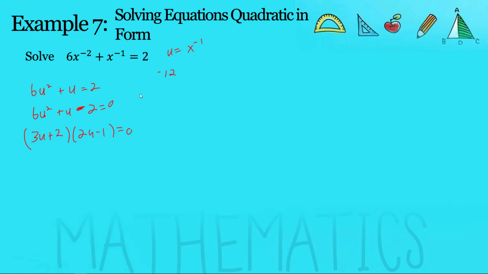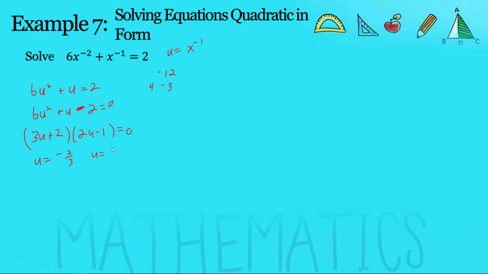You want to find factors of negative 12 that sum to 1, the linear term, and of course that would be 4 times minus 3. Their product is negative 12, and they sum to positive 1, and then you can basically group your terms, and you'll end up with this. And then our solutions will be u is equal to negative 2/3, and then u is equal to 1/2.